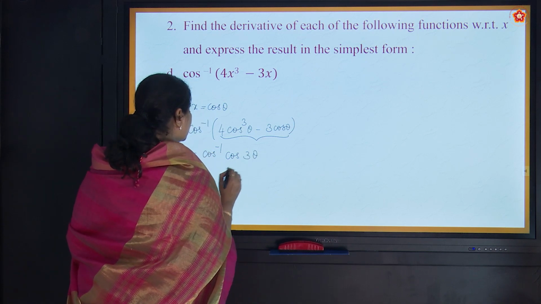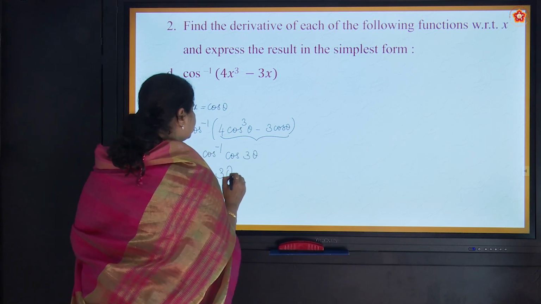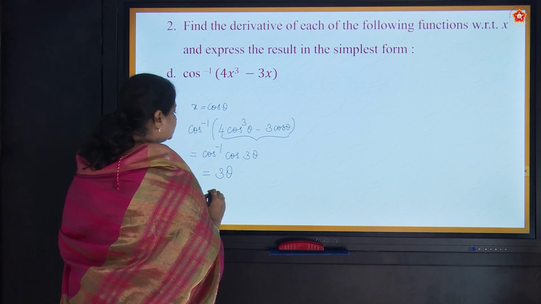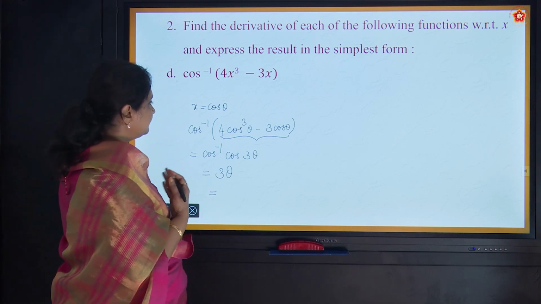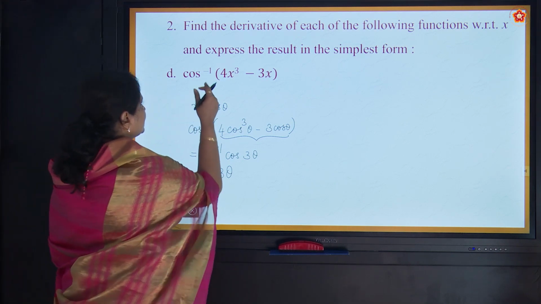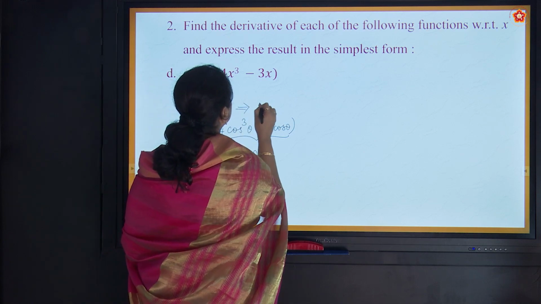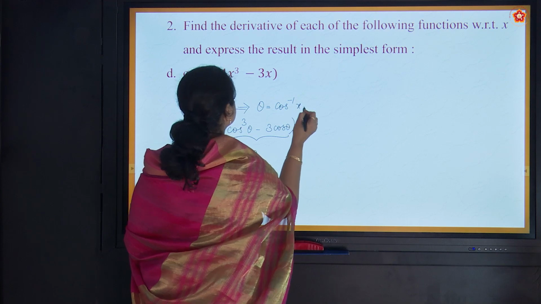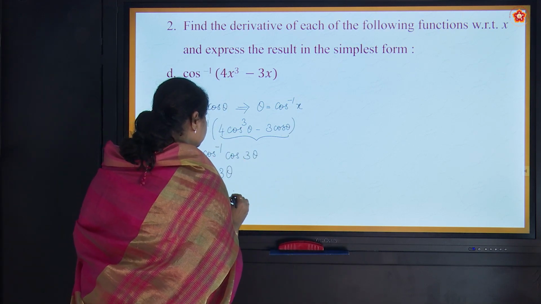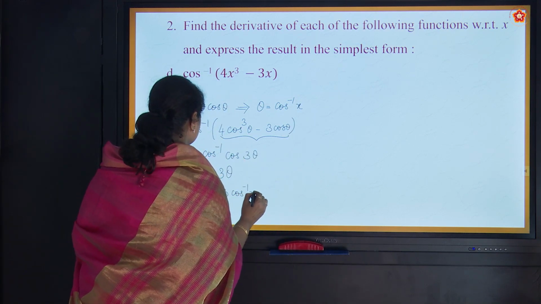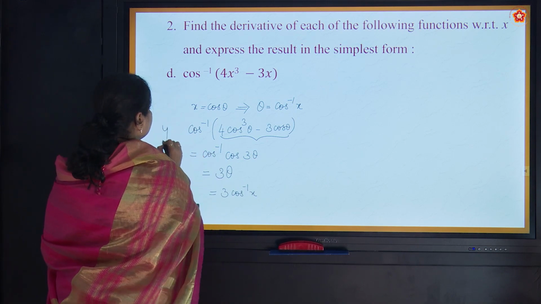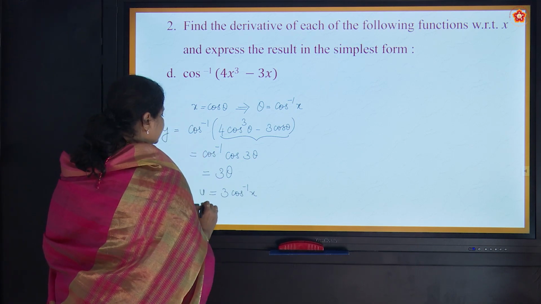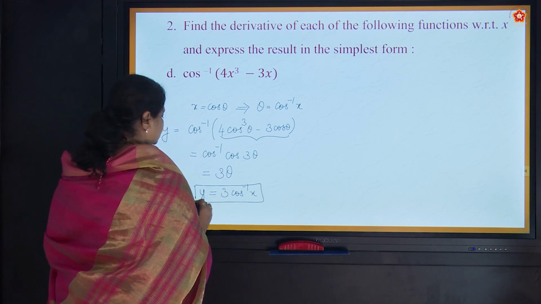So cos inverse and cos get nullified and you end up with 3 theta. Now theta is a value that I have assumed, but the question says x. Now I need to put it in its original form. So my theta is cos inverse of x. So I get 3 cos inverse of x as my y now. I have just rewritten y, that's all.